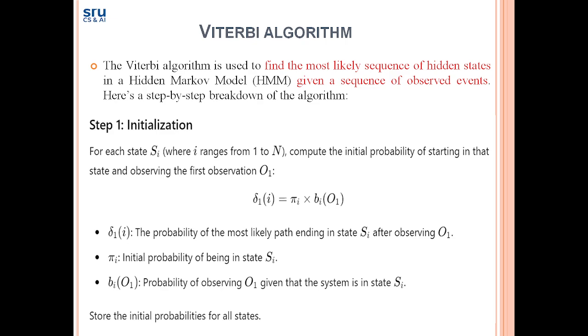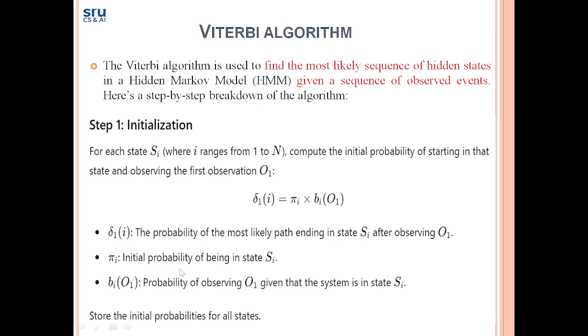Now, what do we mean by the Viterbi algorithm? It is used to find the most likely sequence of hidden states in a hidden Markov model, given a sequence of observed events. The steps are: initialization. So here delta i is the probability of the most likely path ending in state Si after observing O1.